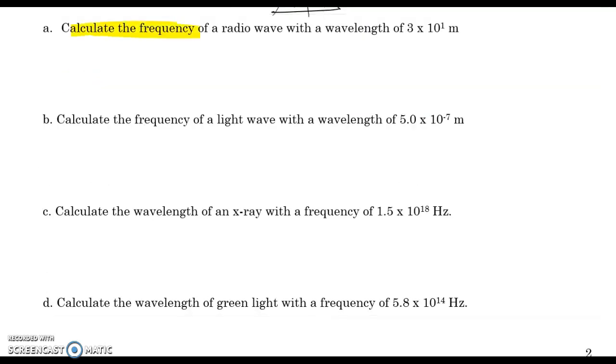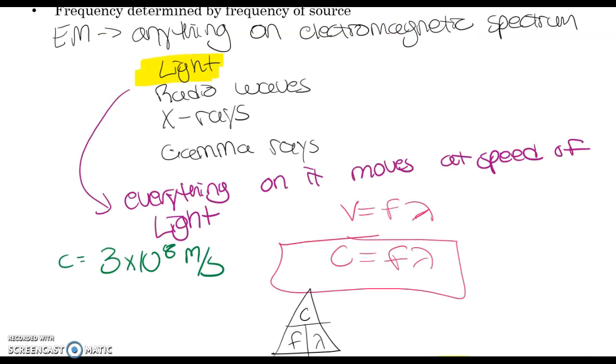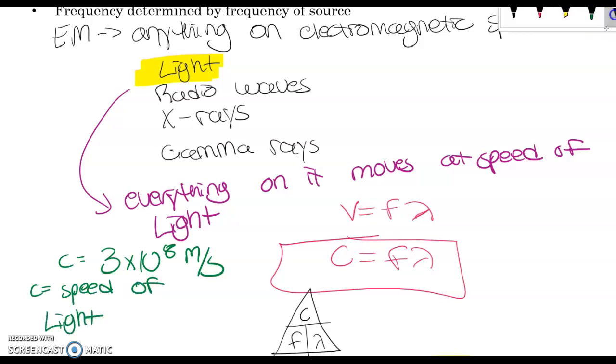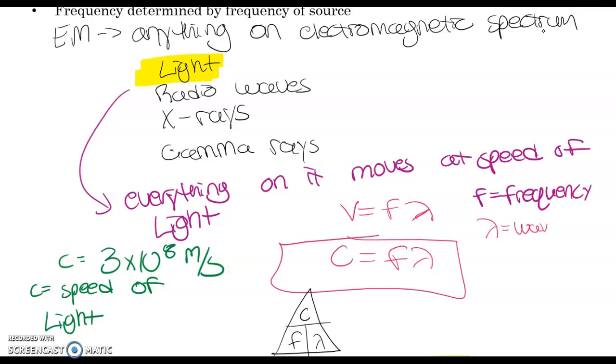Just to fill some stuff in here, c again means the speed of light, and f is frequency. And that weird symbol is called a lambda, and that's our symbol for a quantity called wavelength, which is just another property of that electromagnetic wave.